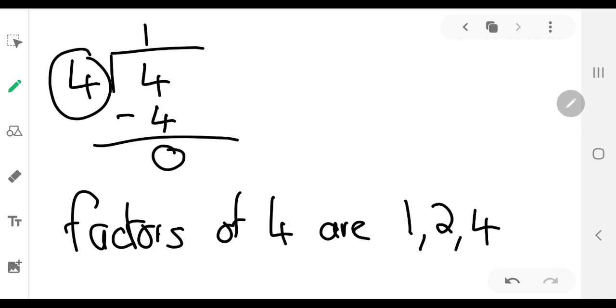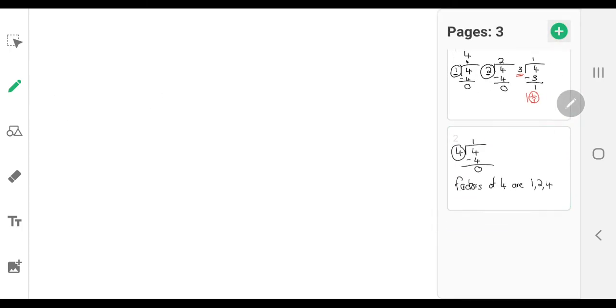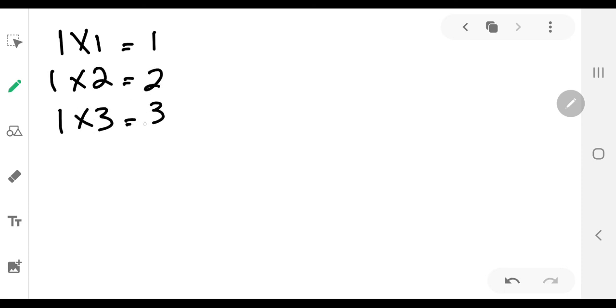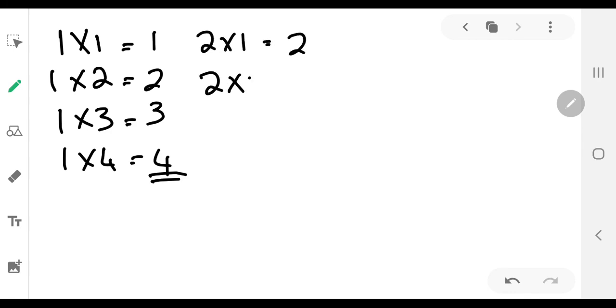So if I look at it like this, 1 times 1 is 1. 1 times 2 is 2. 1 times 3 is 3. 1 times 4 is 4. There we go. That 4 is there. We look at 2. 2 times 1 is 2. 2 times 2 is 4. There it is. So it means that 2 is also a factor.